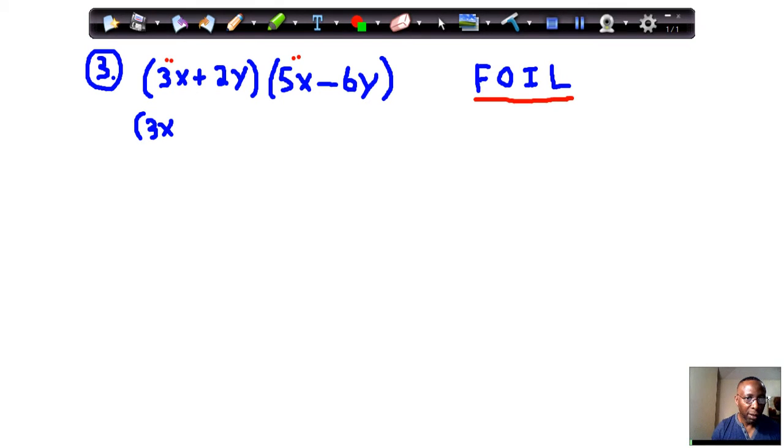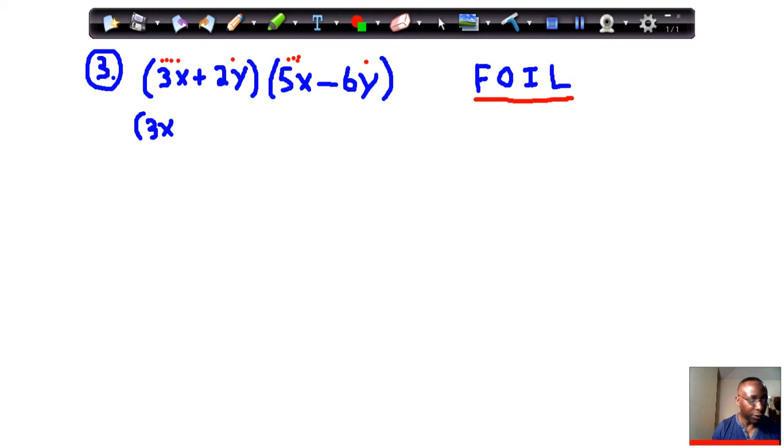Let's see. Inner. See, it's inner, and this is an inner. Then an outer. This is an outer. See, it's out to the left. And this is an outer term. Okay. So first, there we go. You see, and that's a first.